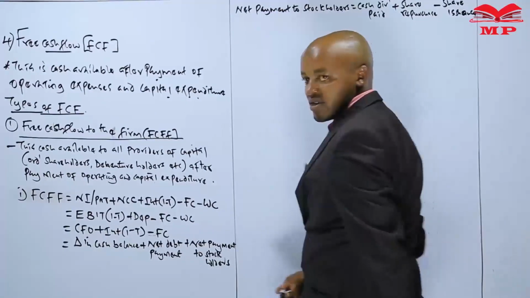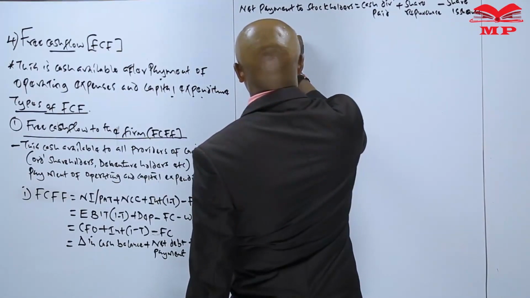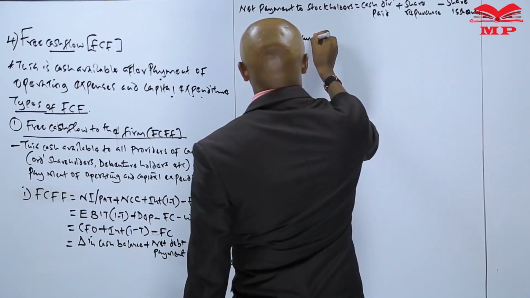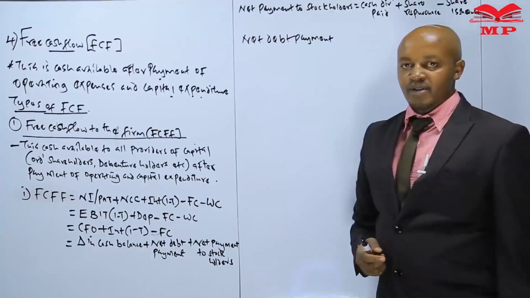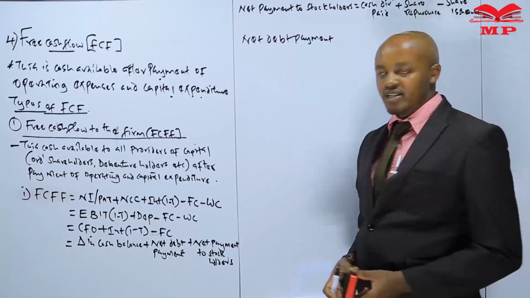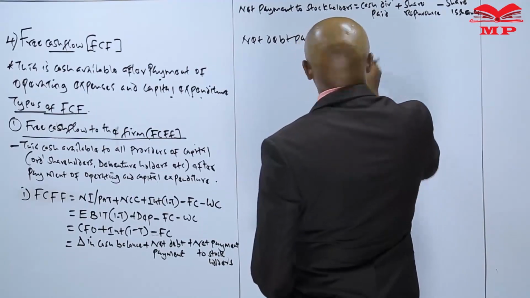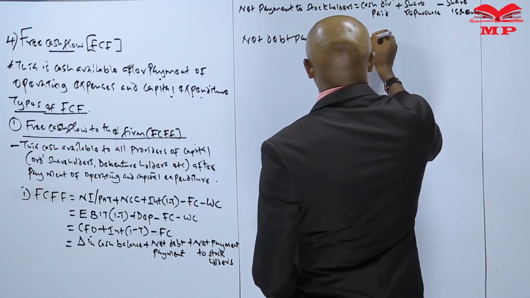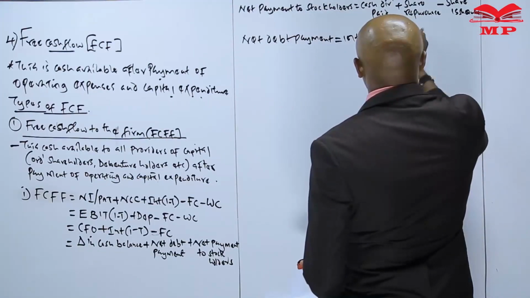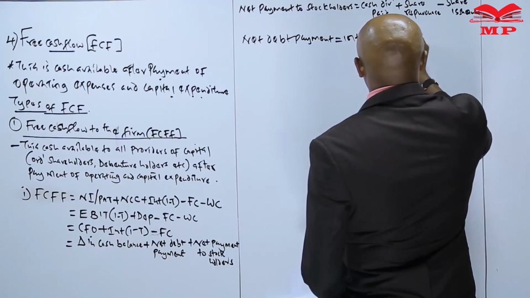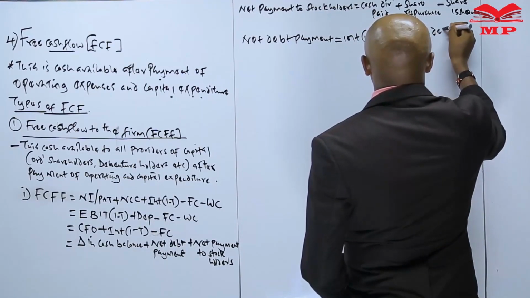On the other hand, the net debt payment basically refers to the amount of money paid by the company to debt holders, and this is given by the interest, net of tax, plus debt repayment, any amount of money spent in repaying debt, plus debt issuance.